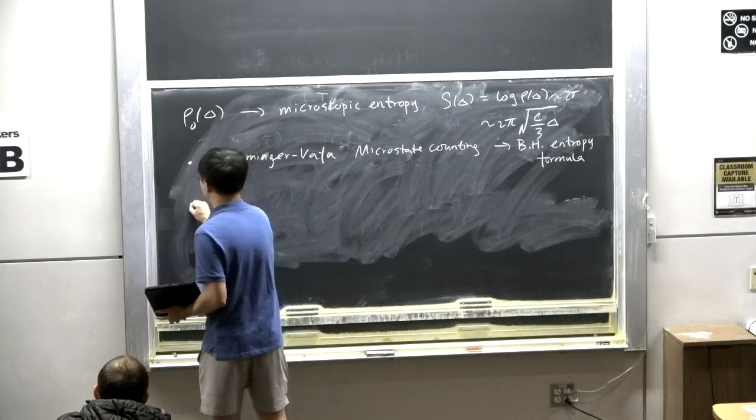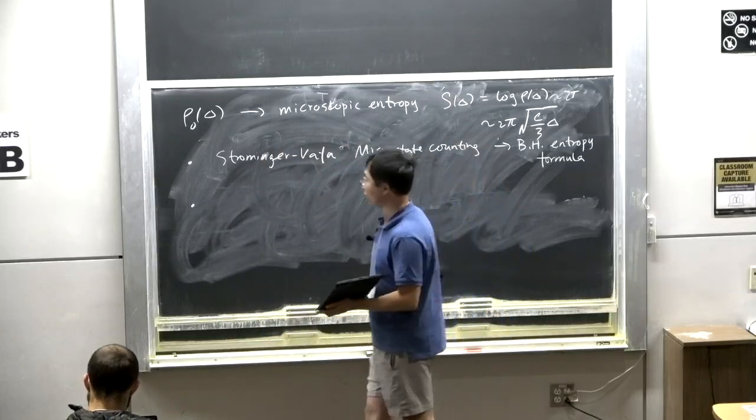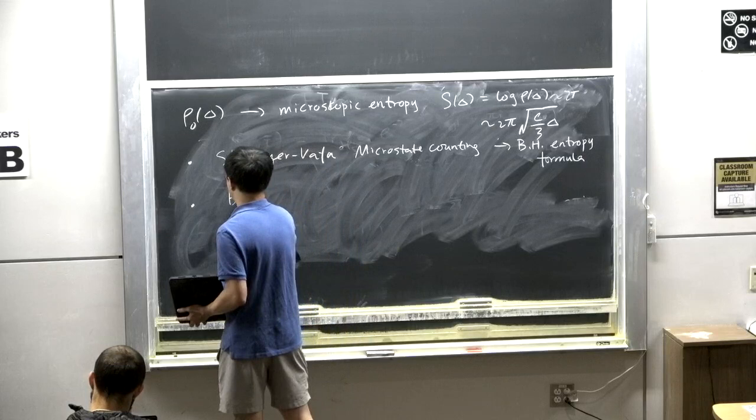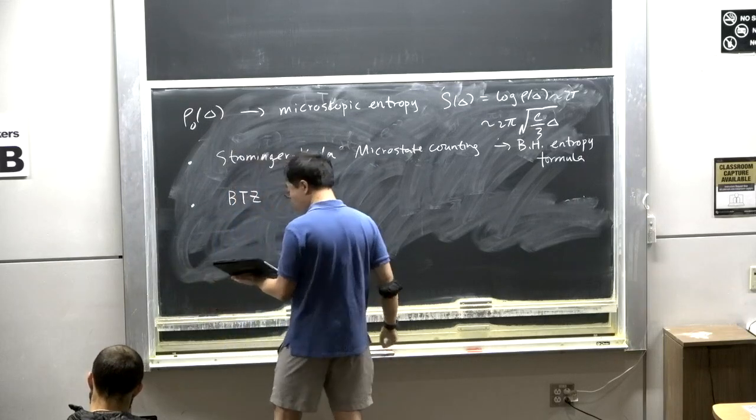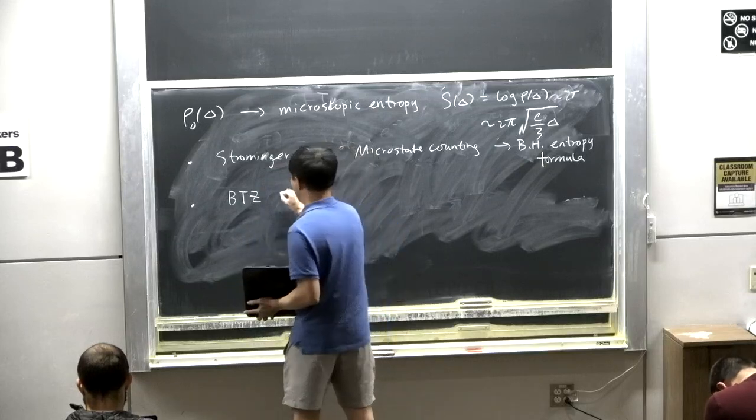And more generally, later people realized this is not something special. It holds also in a more general context that gives you a microstate counting to explain the BTZ black hole entropy.